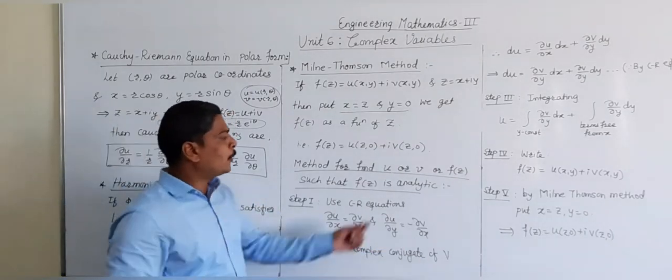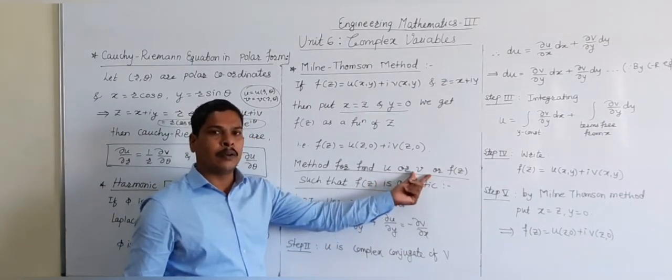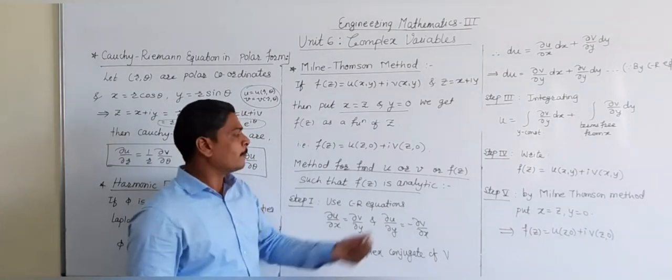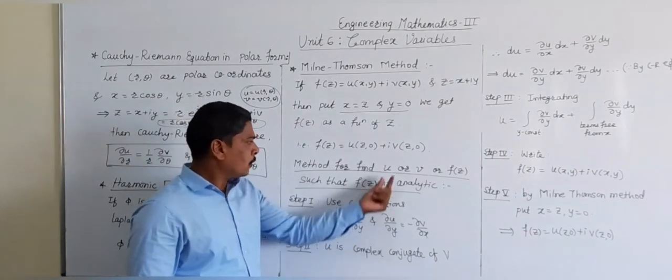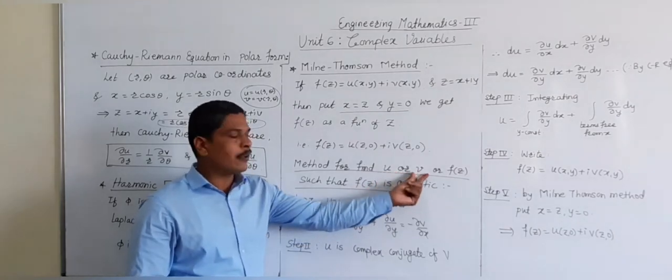Suppose here we need to find u and we are given v. Sometimes u is given and the requirement is to find v. Here our requirement is to find u and v is given.